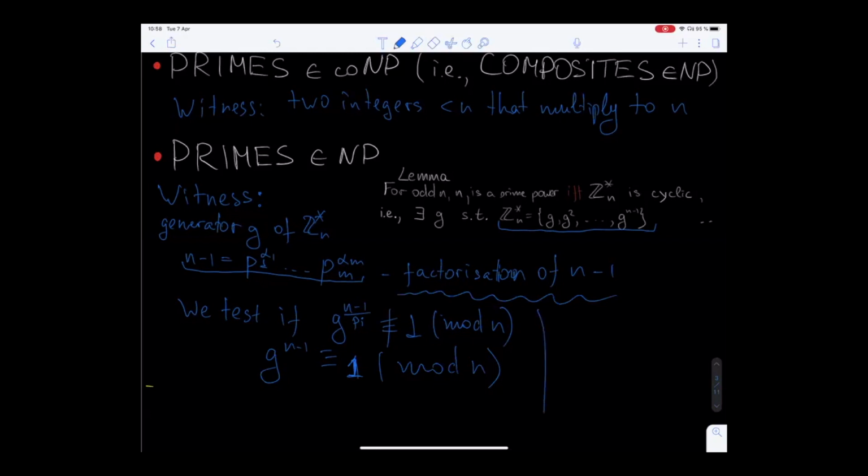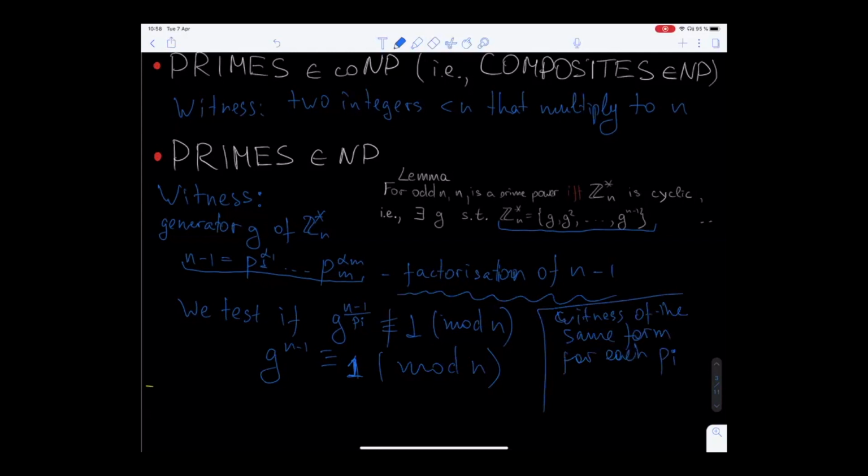So here we also need a certificate or witness of the same form for each pi.